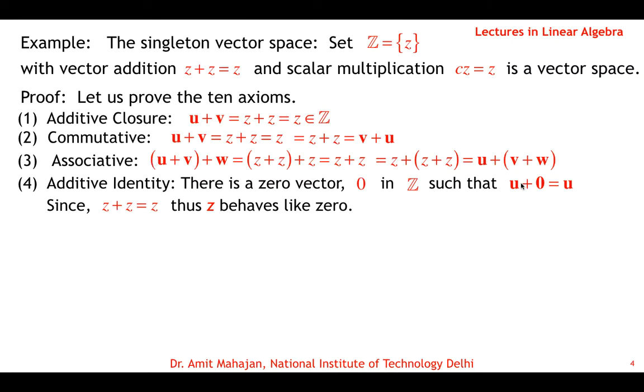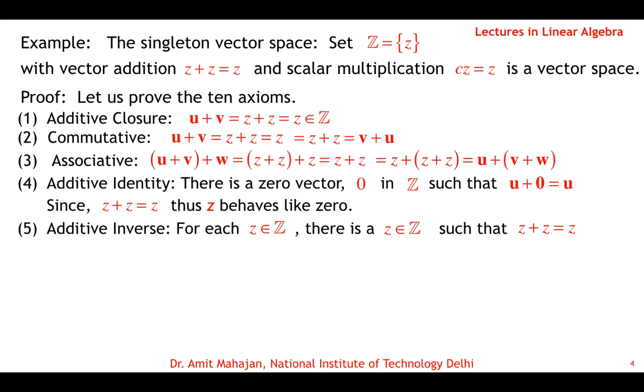If you compare these two, then clearly z behaves like a 0. So z itself is the 0 vector, and so this property is also satisfied.